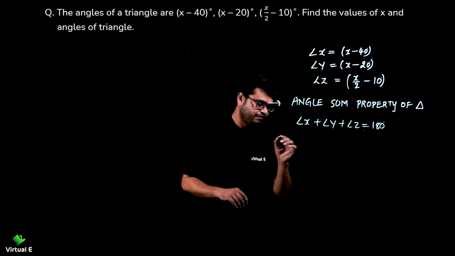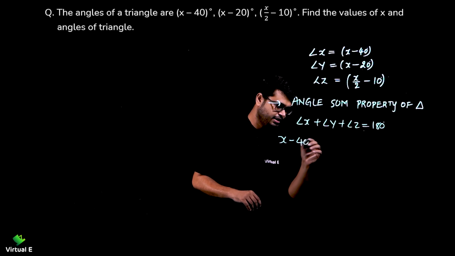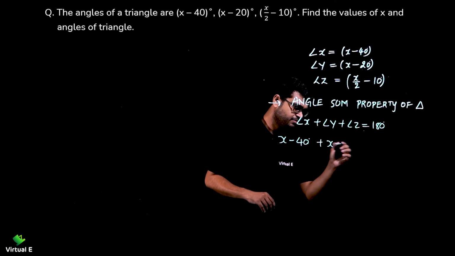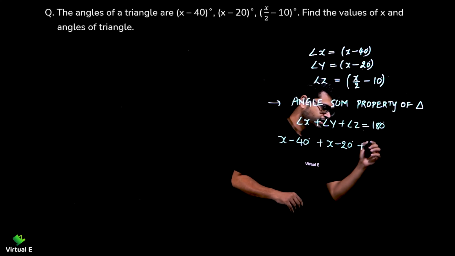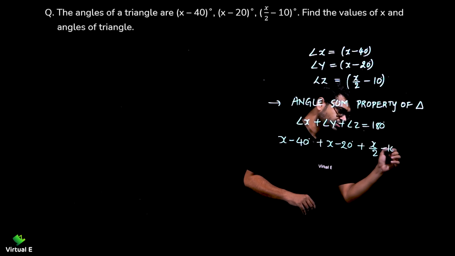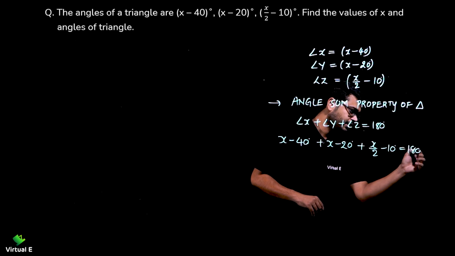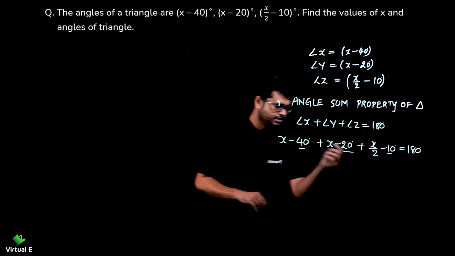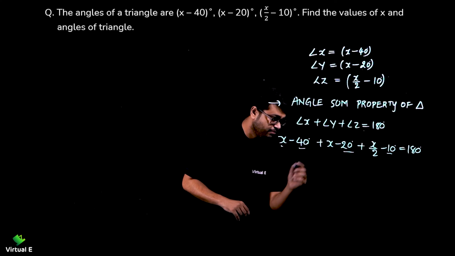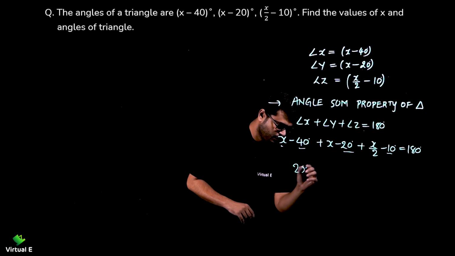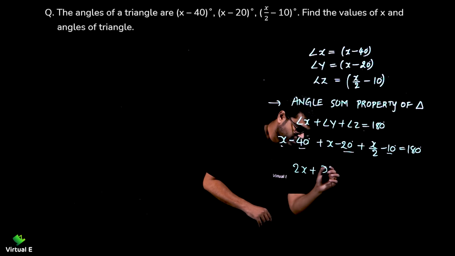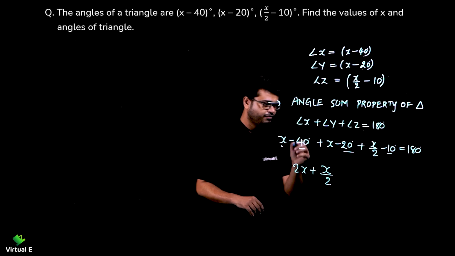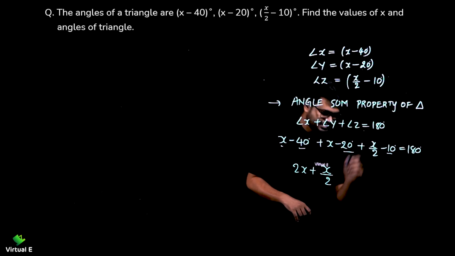Let's substitute the values: x minus 40 plus x minus 20 plus x by 2 minus 10 is equal to 180 degree. Minus 40 minus 20 minus 10, and here x and x will make 2x plus x by 2, and here 40, then 60 and 70.